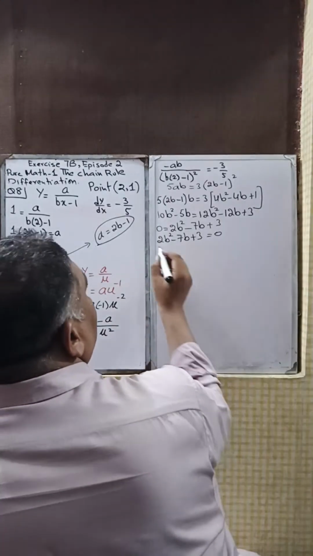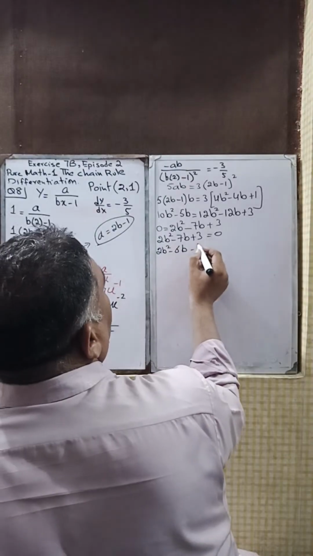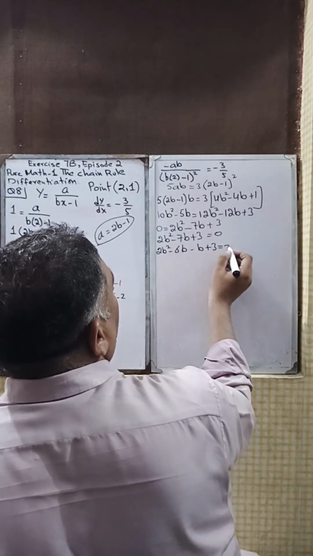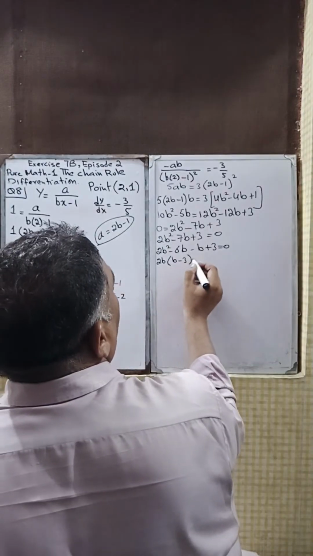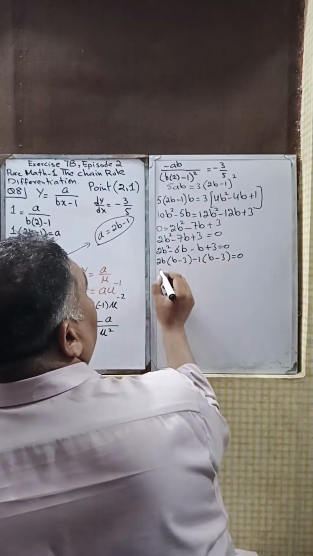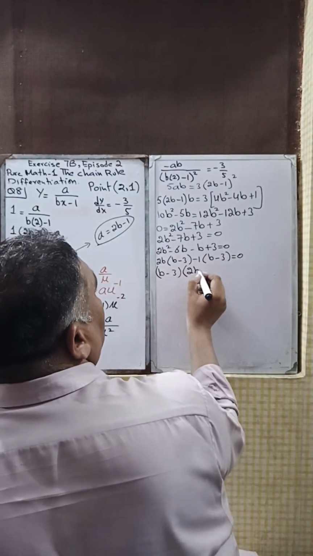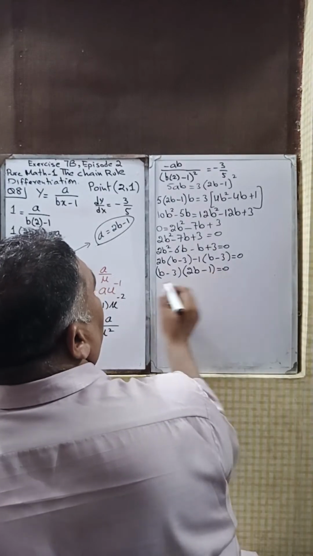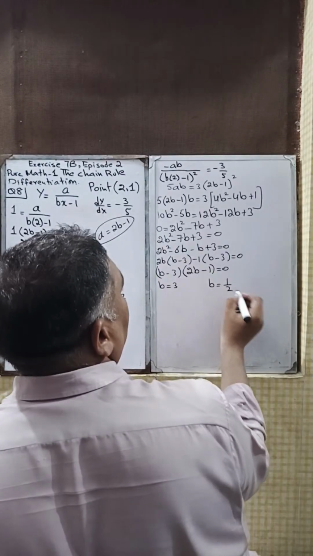This is 6, so it is 2b square minus 6b minus b plus 3 equals 0. 2b is common, so b minus 3, minus 1 is common, b minus 3. You have studied this in your O levels. So b is equal to either 3 or 1 by 2.